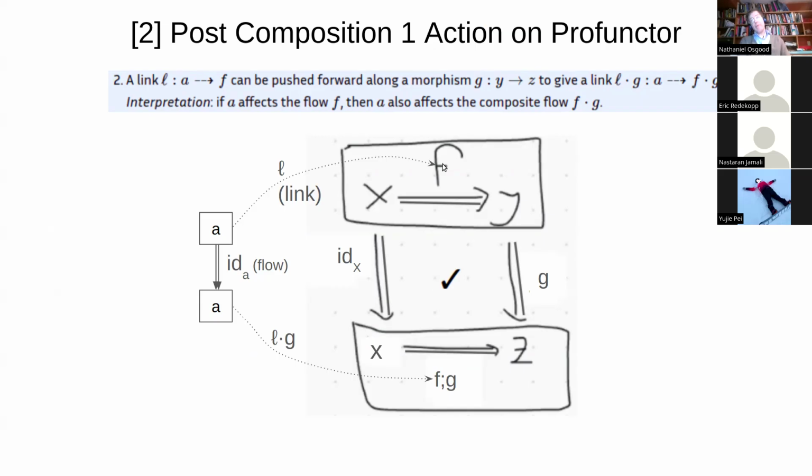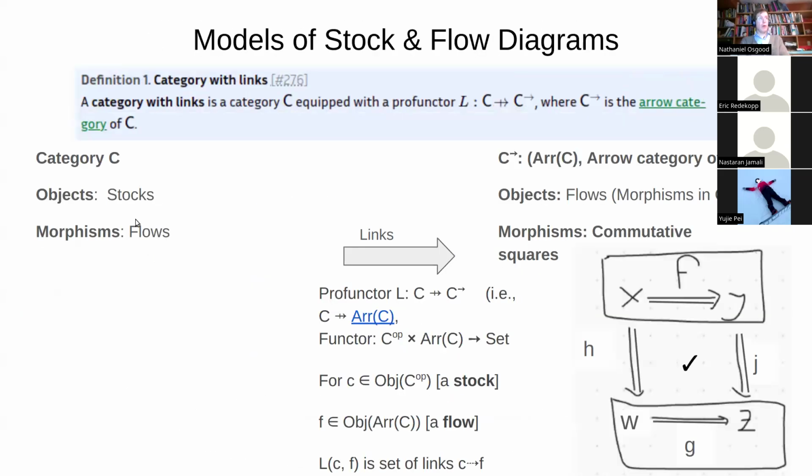So if we have F up here, and I should have said we have a G flow from Y to Z. So F goes from X to Y, and we have a flow G that goes from Y to Z. Then we can get a composite morphism. This is just how composition in this category C works.